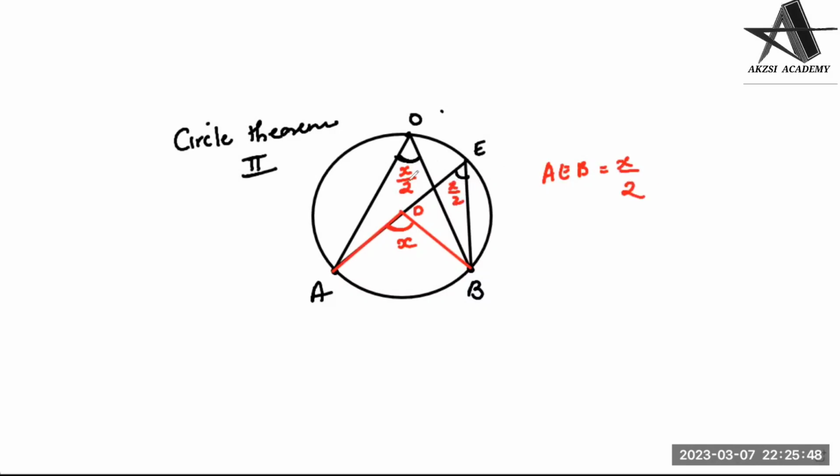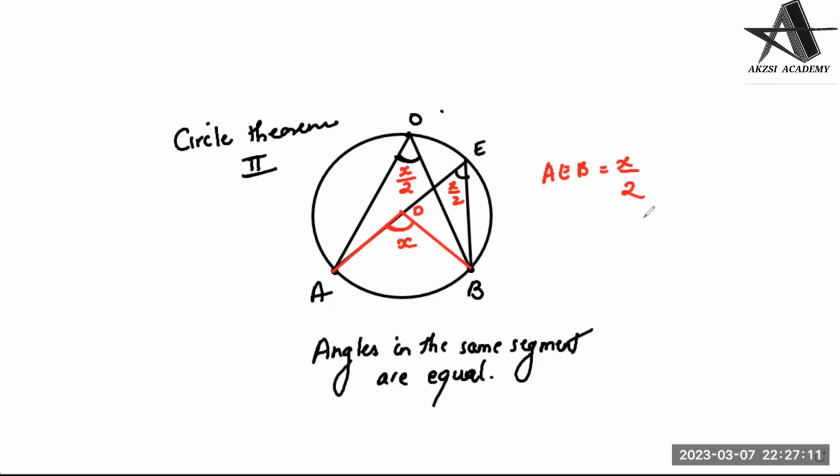So by this, I can clearly see that x by 2 equals x by 2. So it doesn't matter how many angles the same arc is making at any point on the circumference of the circle, all those angles will always be equal. So if I write this as a statement, it says the angles in the same segment are equal. So this is your theorem 2.